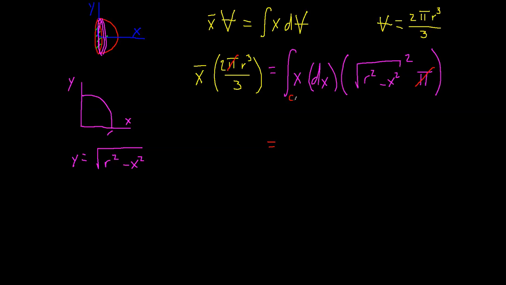We're going to evaluate this from 0 to r. Let's solve for our x bar, or centroid location, and we get 3 over 2r cubed, which is this brought over.